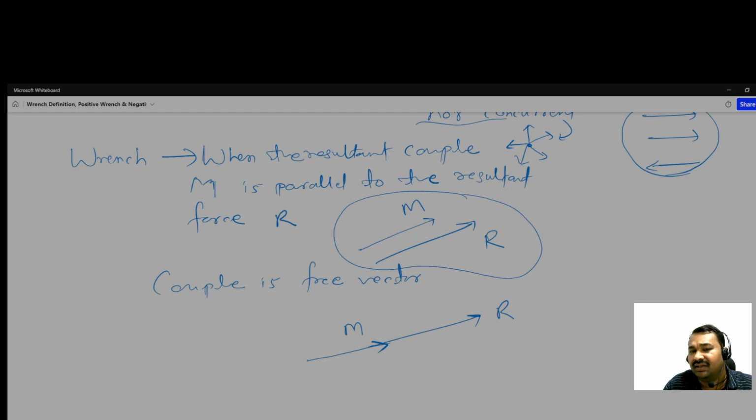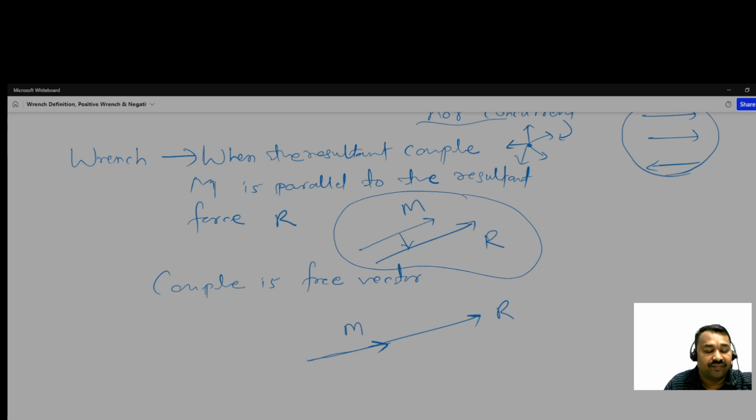Okay, or you can say the moment, because the couple is a free vector, moment is a free vector, so we can shift it from here to here. Okay, then now both are collinear. Earlier it was parallel, okay, but we can convert it in the form of this.